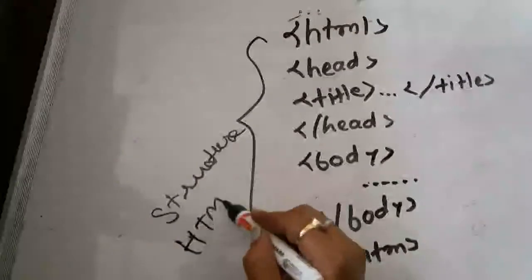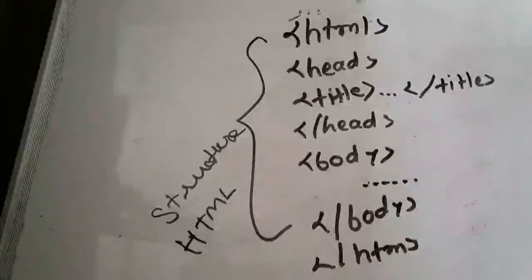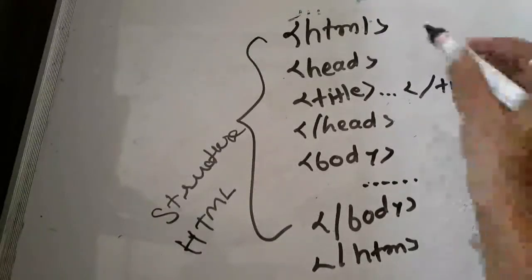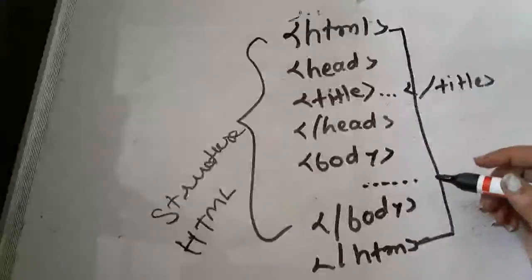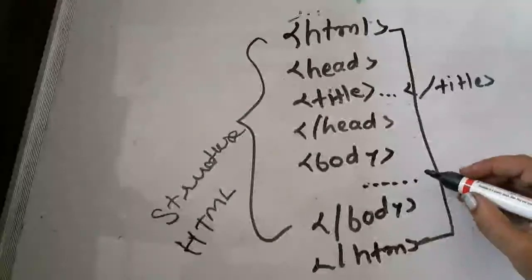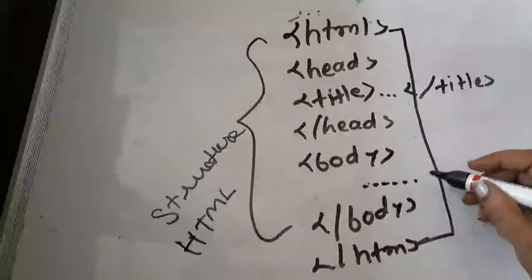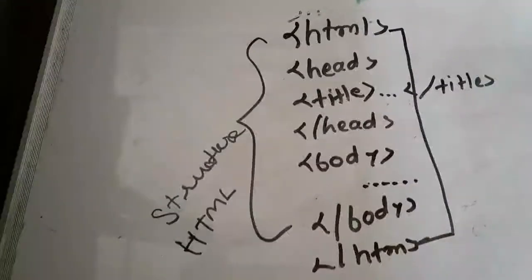First of all, we display the structure one by one. First is the html tag, the first heading of an HTML document. To have the structure, start the html and close the /html.